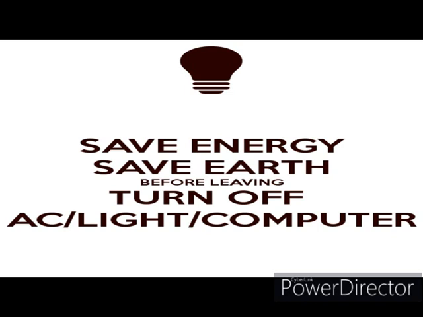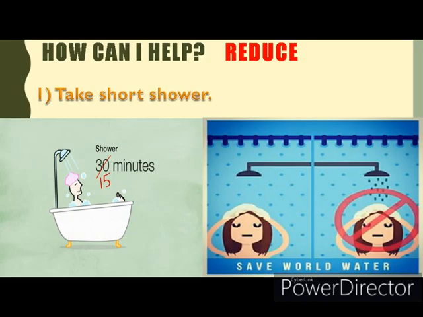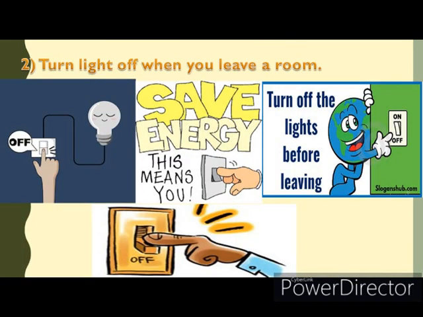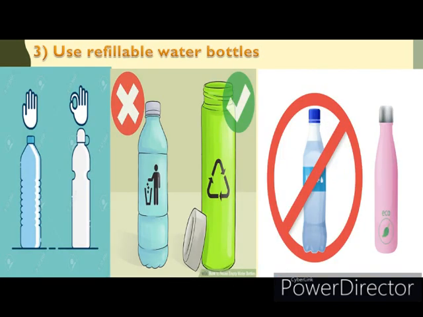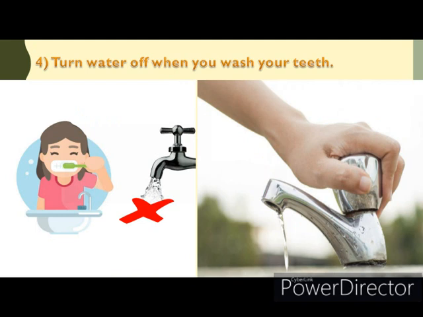And these are just a few examples. I'm sure you can think of many more ways to reduce what you are using, right? For example, we can take a short shower, turn the light off when you leave a room, use a refillable water bottle, and turn the water off when you are washing your face or brushing your teeth.